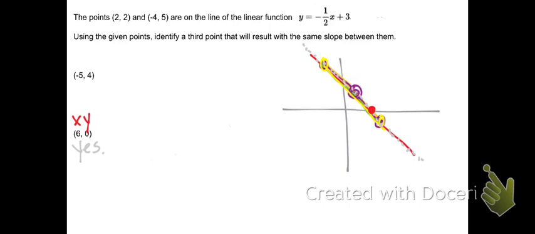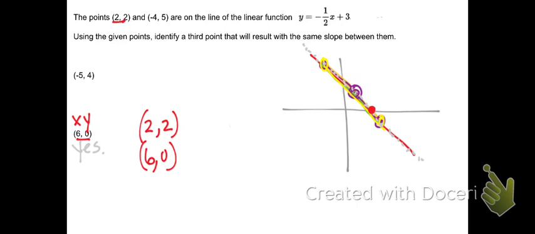So it's telling us to just make sure that there's the same slope between them. We already know it's on the line, so we know it's going to have the same slope. But let's just test it out. Let's pick another point that we know is on the line. Let's see what the slope is between (2, 2) and (6, 0).